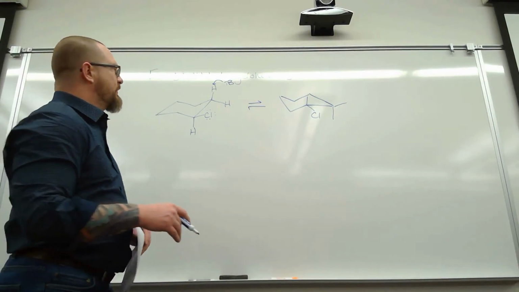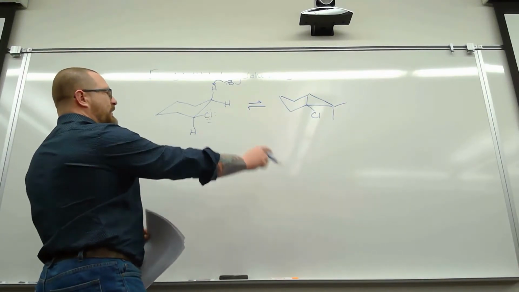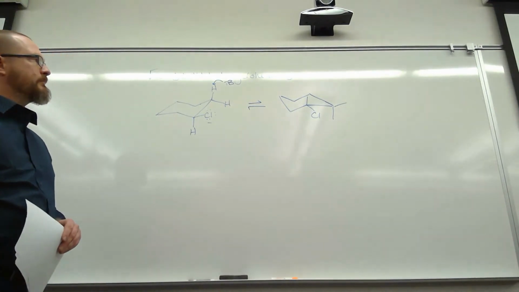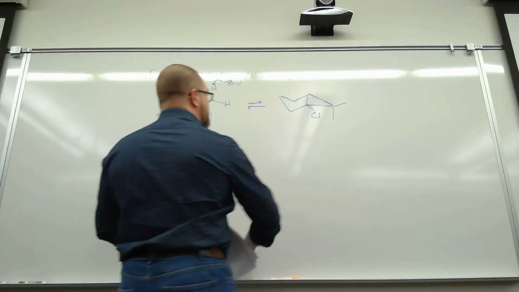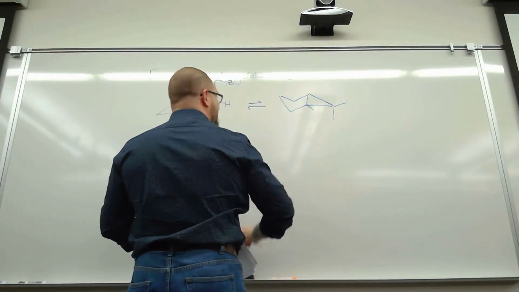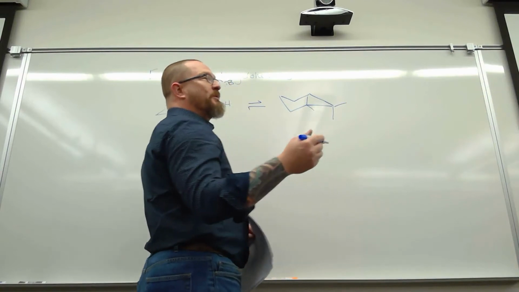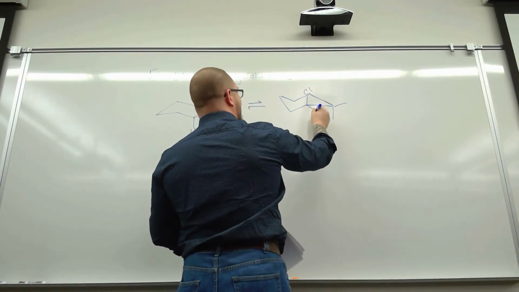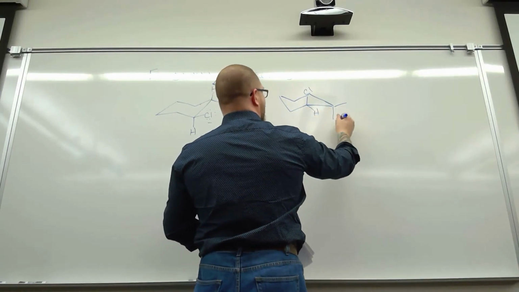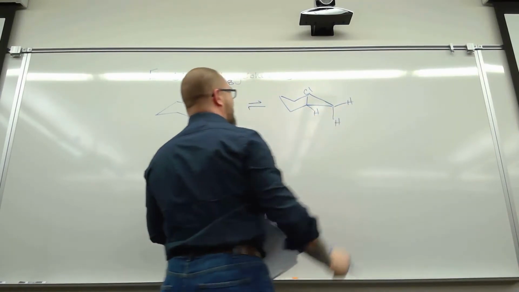One's favored, and it's going to be the one with the larger group on the equator. Your chlorine's wrong. Shouldn't the chlorine be up on the second one? Oh, thank you. The question was, which one would be favored? Top one stays on top, bottom one stays on bottom. Got it. There we go.